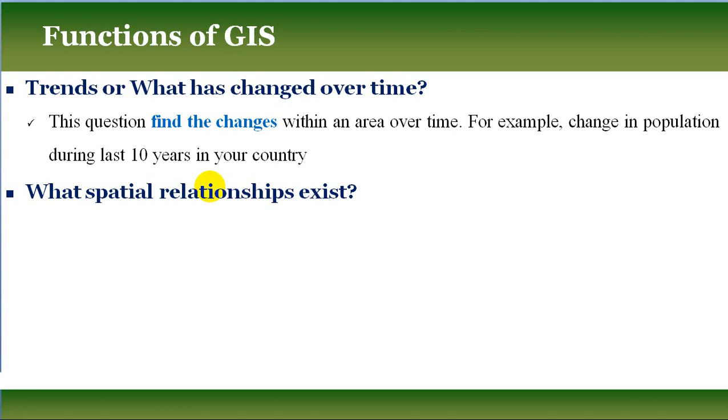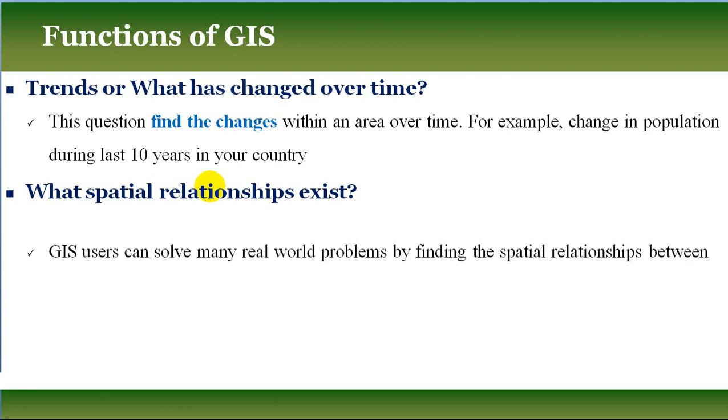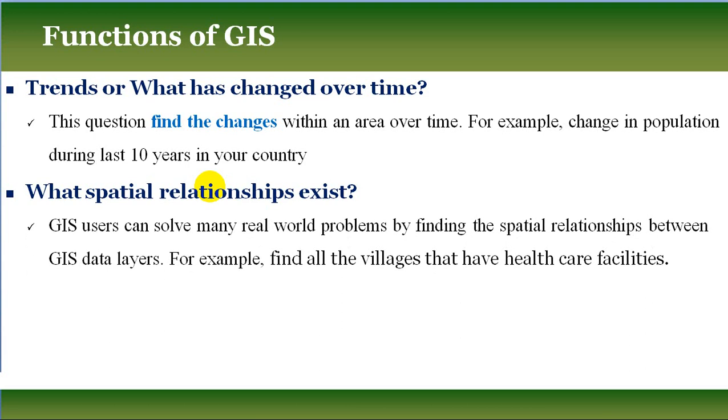For example, the scenario of lake and island, where the containment relationship happens. Whether two geographical features are near to each other or far away. So all are examples of spatial relationships. So a GIS user can solve real world problems by finding the different types of spatial relationships between GIS data layers.